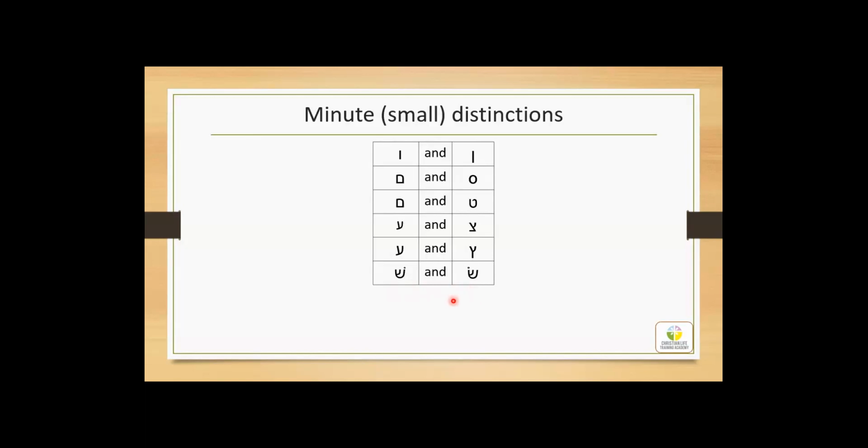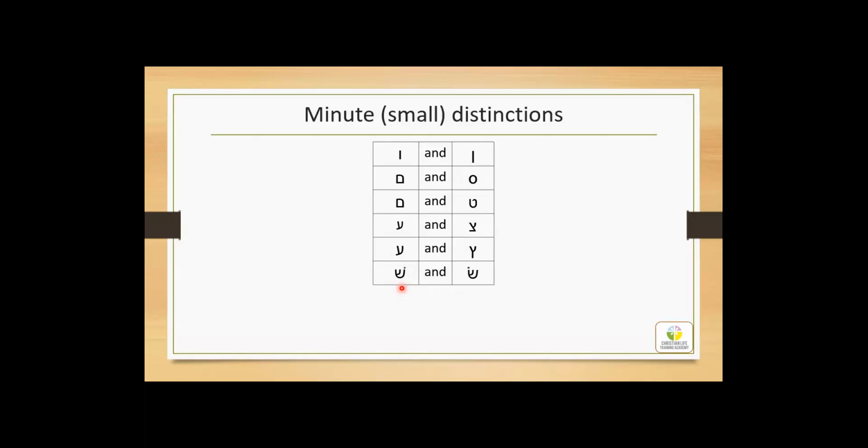Yeah, but now be careful. Here they're very, very regular. We can see this is shin. The dot is on the right hand side, right? That's shin. But sin has the dot on the left.